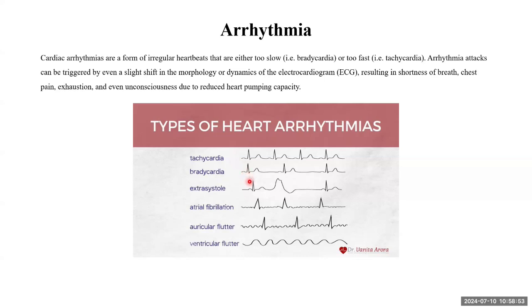There are other types as well: extrasystole, atrial fibrillation, auricular flutter, ventricular flutter. We are not going into detail, as that is out of scope of our lecture. So these are different types of arrhythmias that can be easily picked up by the ECG, or electrocardiogram, or EKG.